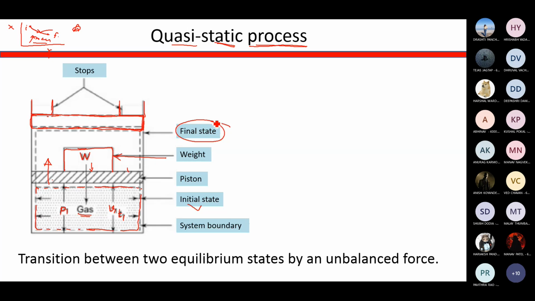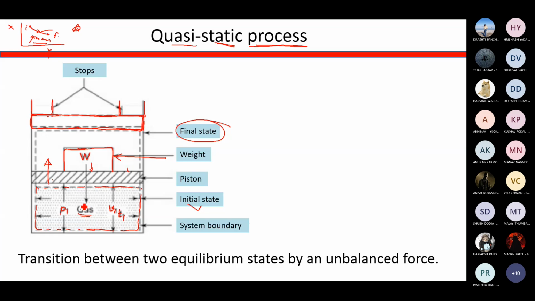So what we are talking about is the transition between two equilibrium states by an unbalanced force. Now what is the transition here? See, the initial state, when this weight was present on the piston, was an equilibrium state. Nothing was moving, right? This piston was at rest, weight was there, and the gas was also at rest.